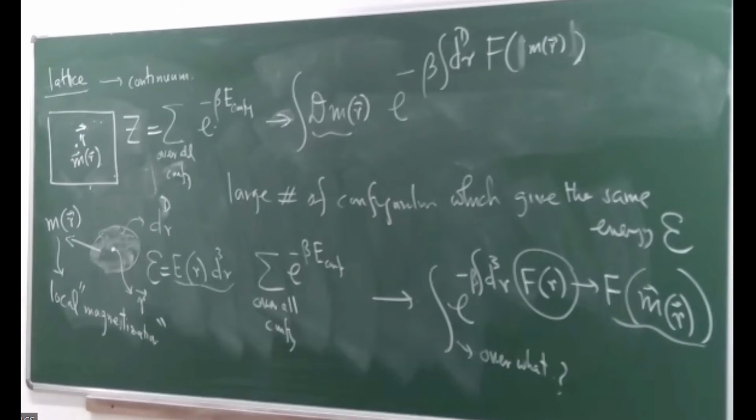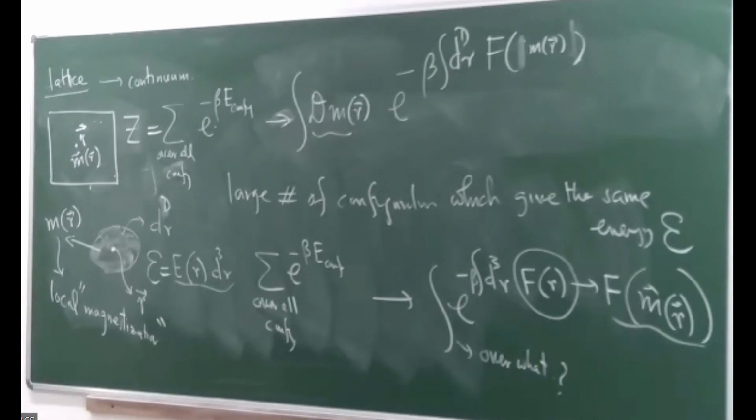You say it's down, well, it's down. And then I specify a configuration: I have a lattice, on the lattice sit the spins, and at every lattice point I tell you, spin up here, spin down here, spin up there, spin down there, and so on and so forth.